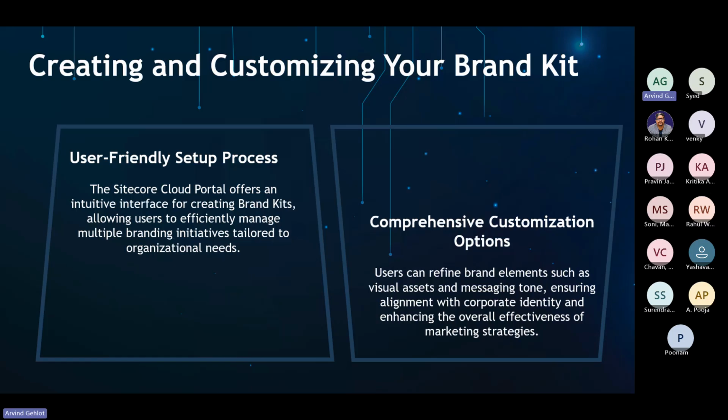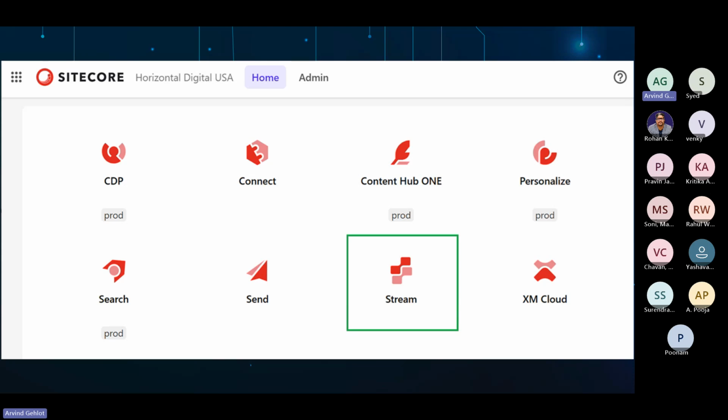Users can fine-tune every brand element, from visual assets to managing tones, ensuring every piece of content reflects the company's identity and supports your brand within the broader marketing strategy. We'll also see how it all looks on the platform.